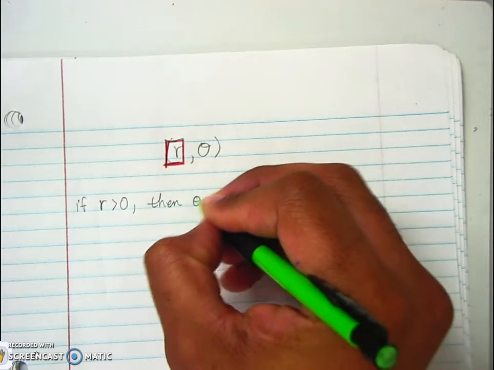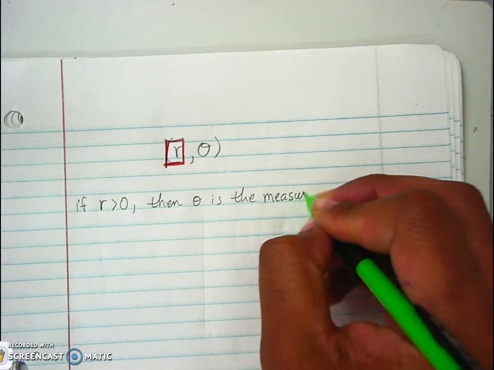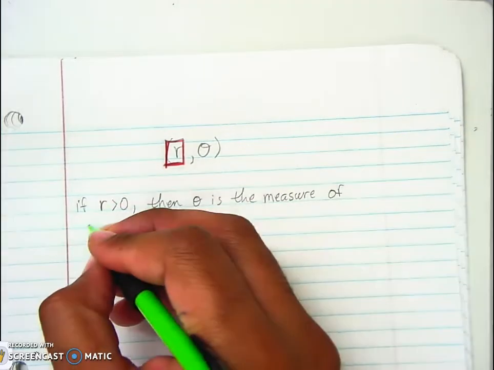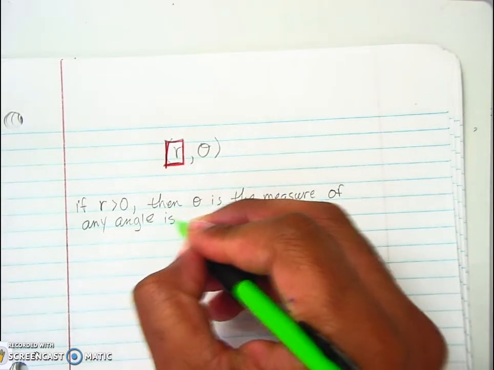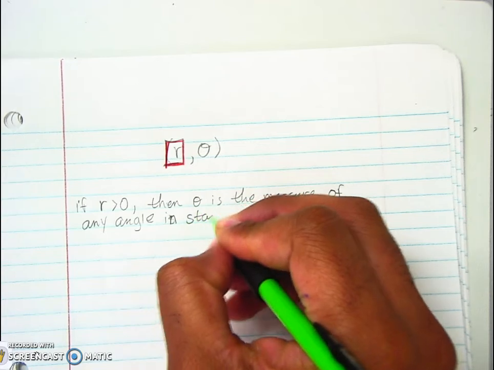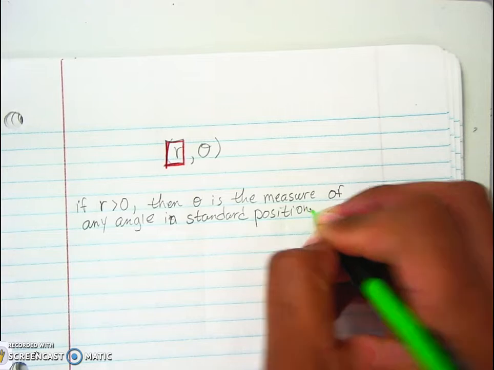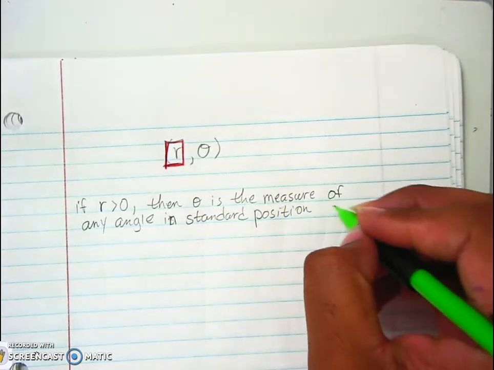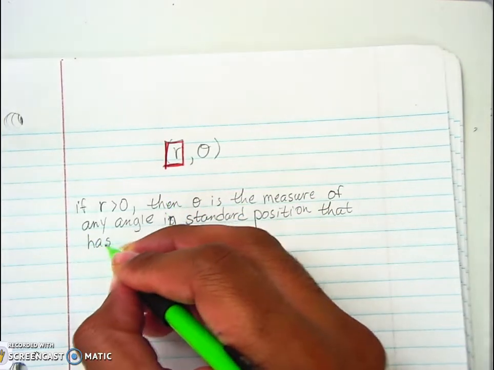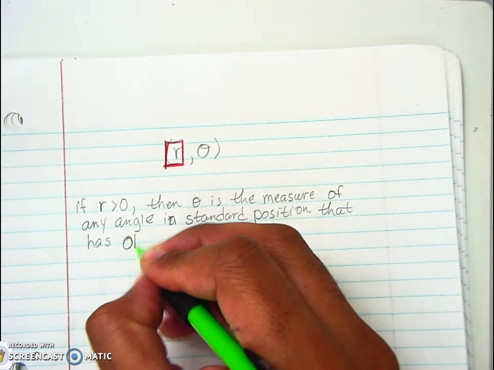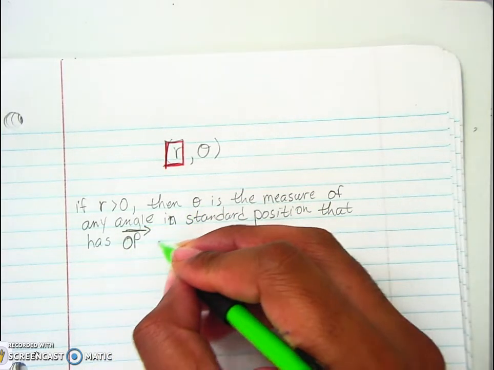Then theta is the measure of any angle in standard position. So with this, to give you an idea, I'm going to write this part. That has the ray OP as its terminal side.